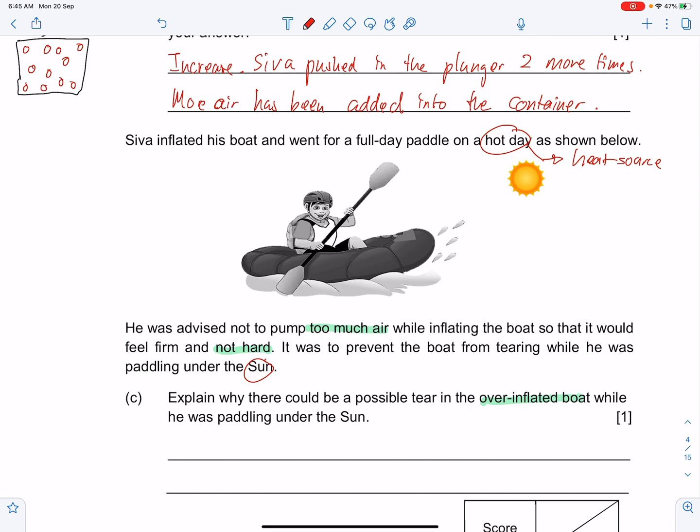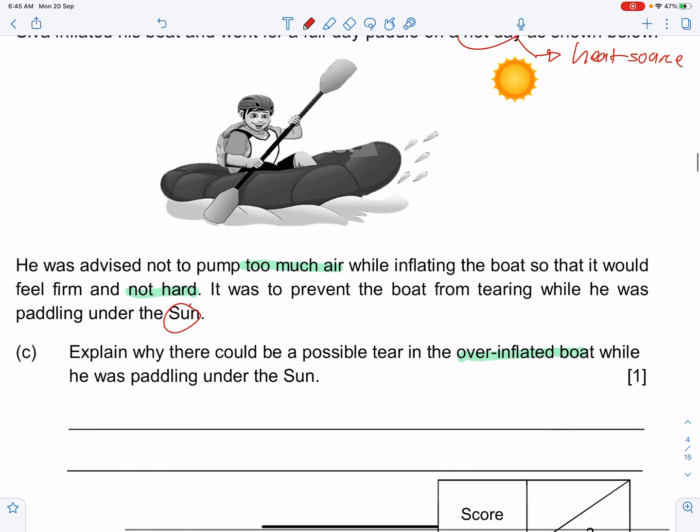So when it needs to occupy more space, there may not be enough space, and that's where the expansion would be detrimental, and then your boat may burst. So in this case, you need to say that in the first place, Siva has pumped in too much air.